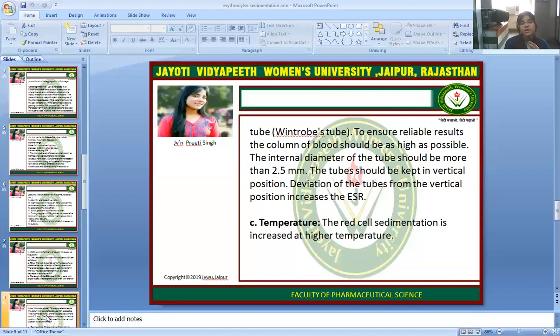The tube should be kept in a vertical position. Deviation of the tube from the vertical position increases the erythrocyte sedimentation rate. Now, the third factor is temperature. Red cell sedimentation is increased at higher temperature.